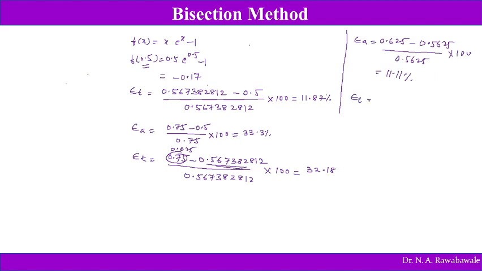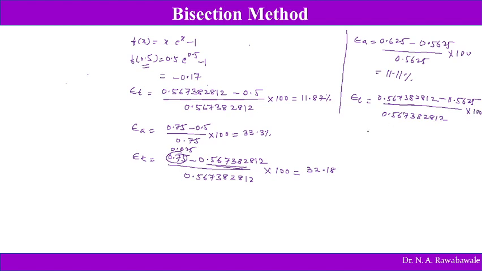Approximate error is known. True error is again 0.567382 this is true value, minus revised approximation 0.5625 divided by true value 0.567382812 into 100.